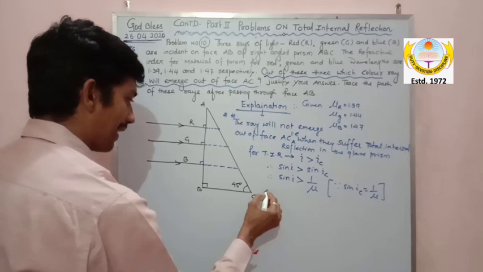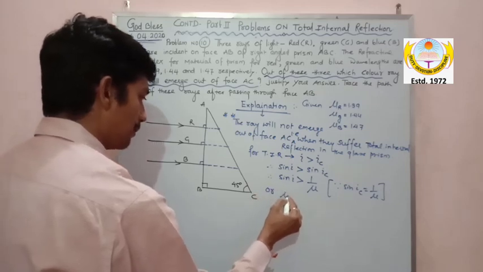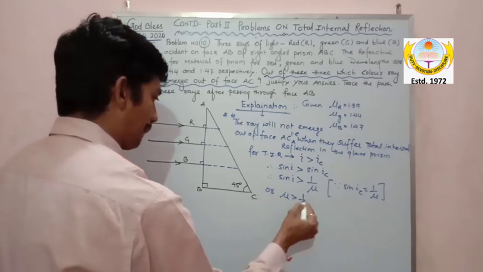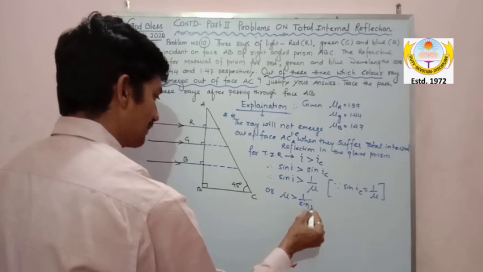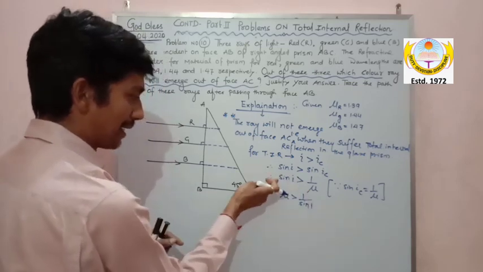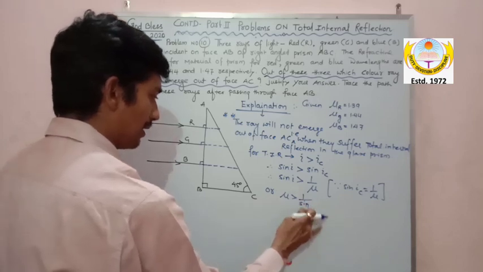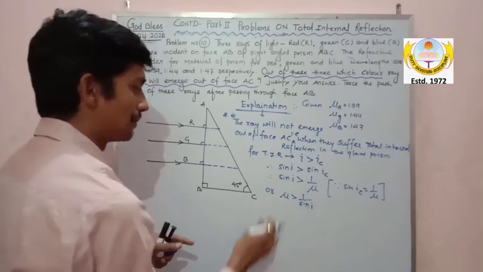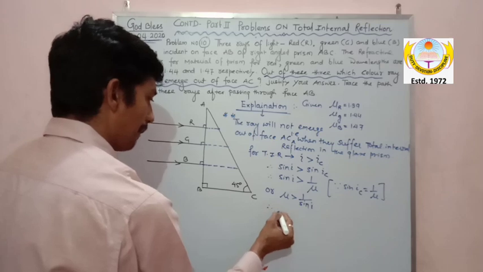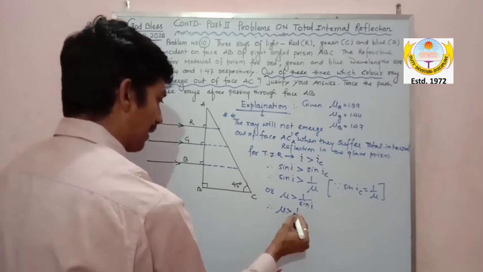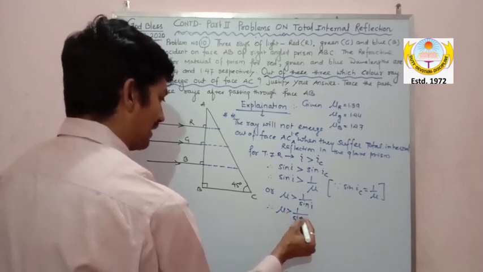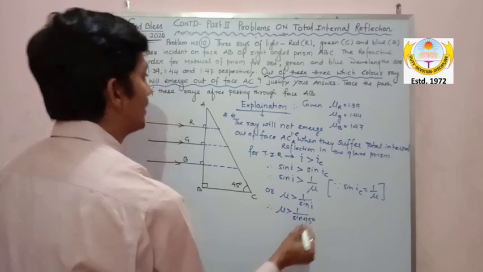I can reverse that: mu is greater than 1 upon sine I, and I is given as 45 degree.